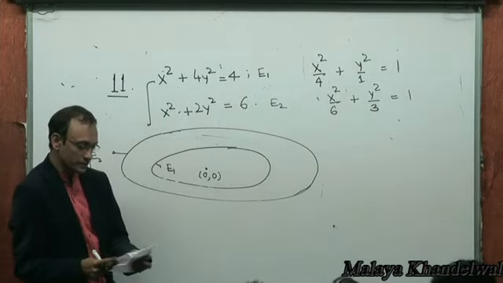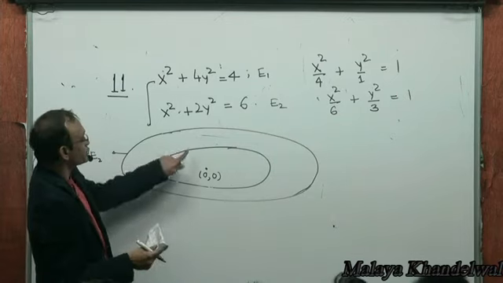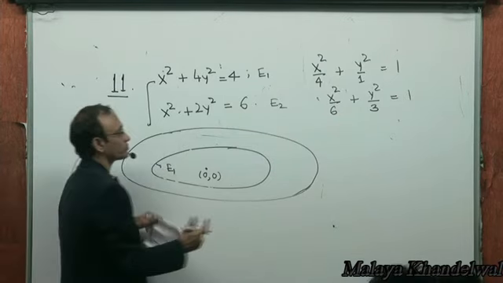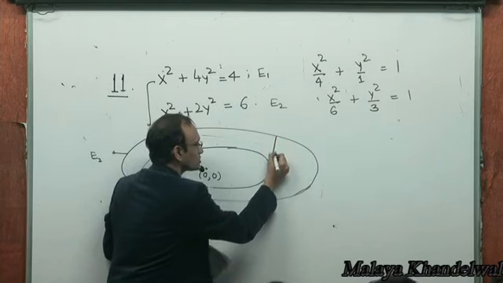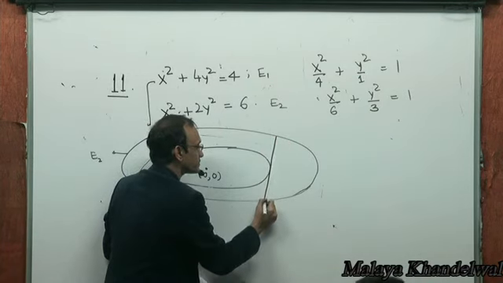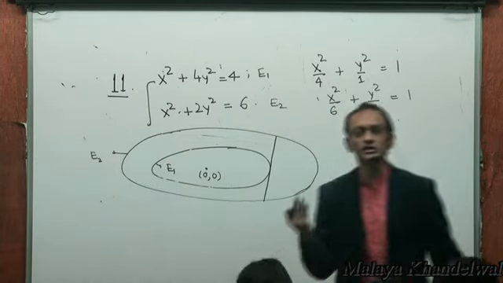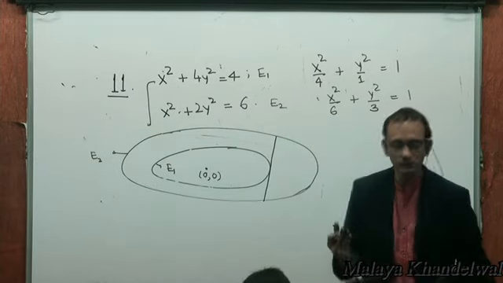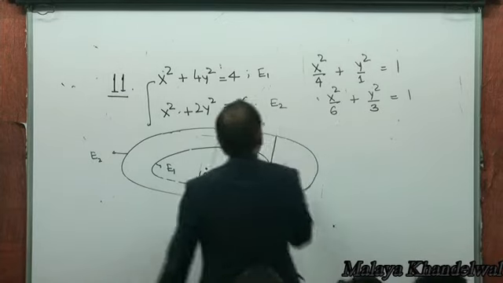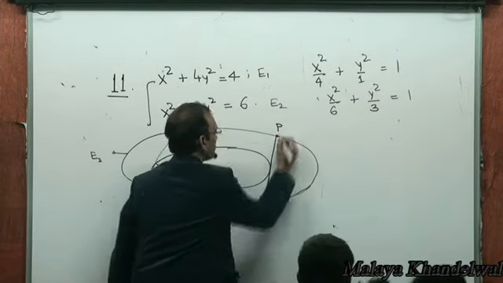Now what is done is, a tangent to the inner ellipse is drawn. This is a variable tangent to the inner ellipse. Clear?